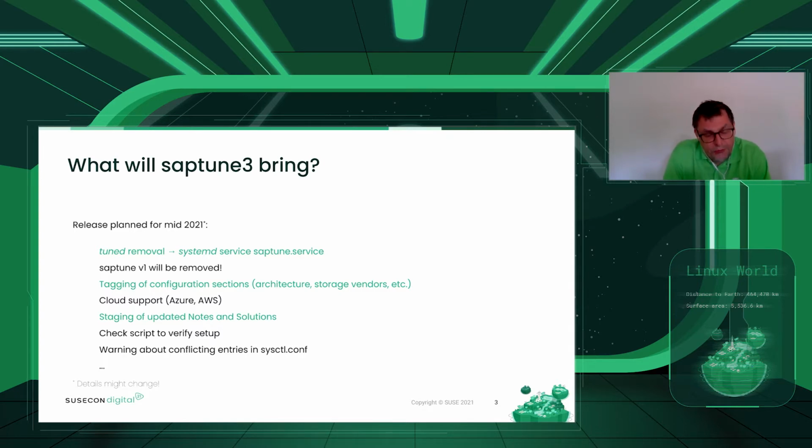First, we will remove the support of version 1. So if you haven't migrated yet from version 1 to version 2, please do it now, because otherwise, with the upgrade to version 3, Saptune will not work anymore. You have to reconfigure it again.